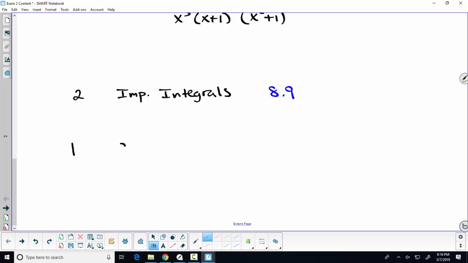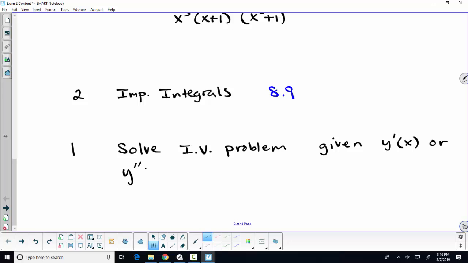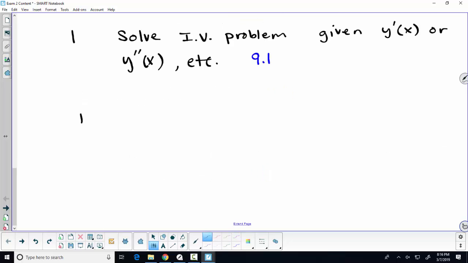So one question where you solve an initial value problem given y prime of x or y double prime of x, from 9.1. And then one question, solve a separable differential equation from 9.3.